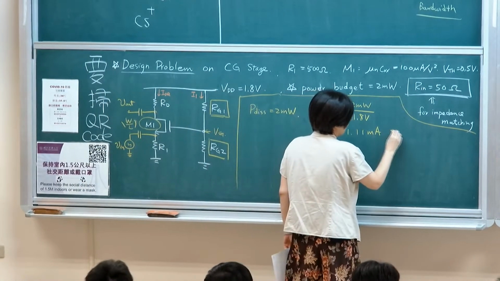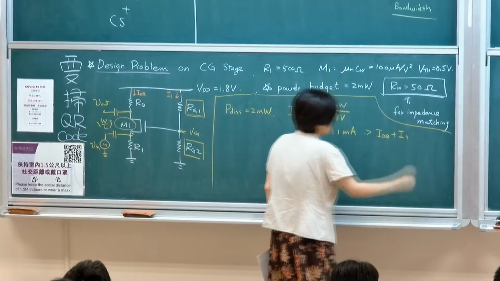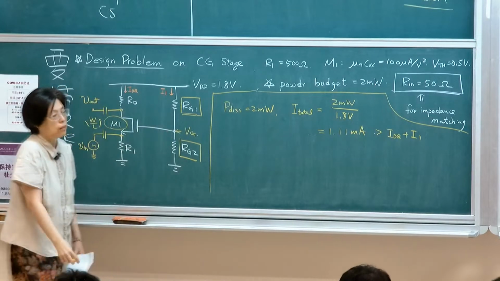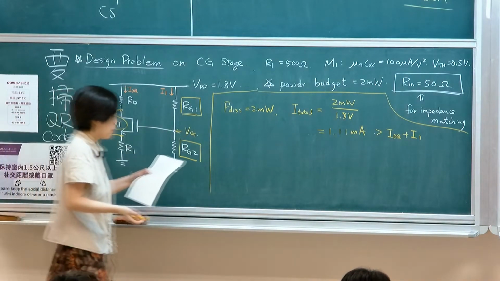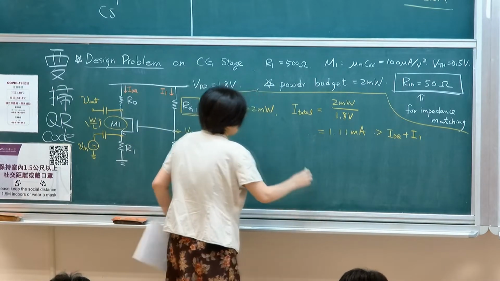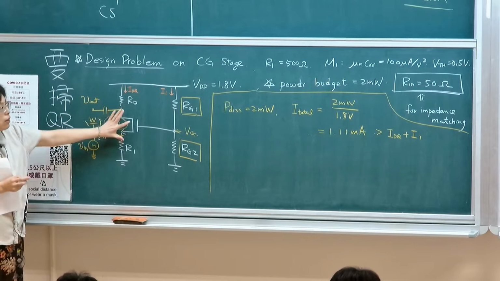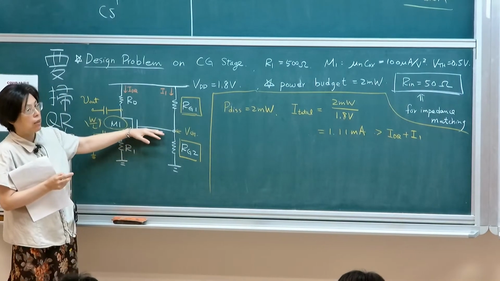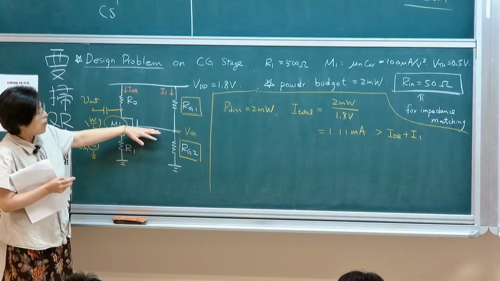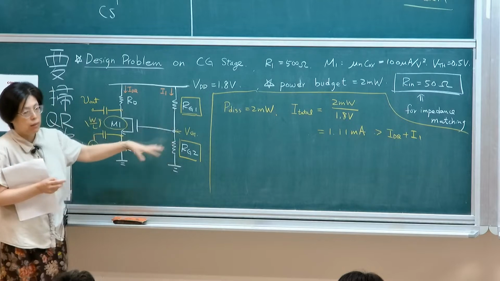So IDQ plus I1 should not exceed the total current, and you can separate between the two. You make a decision. Typically, since the gate does not take any current, you don't need too much current for biasing.